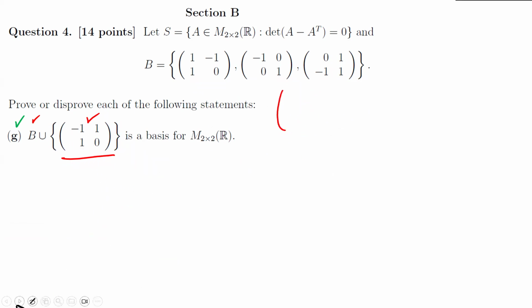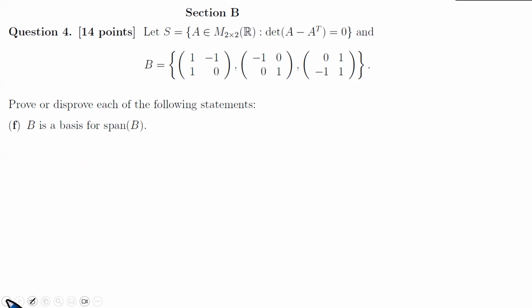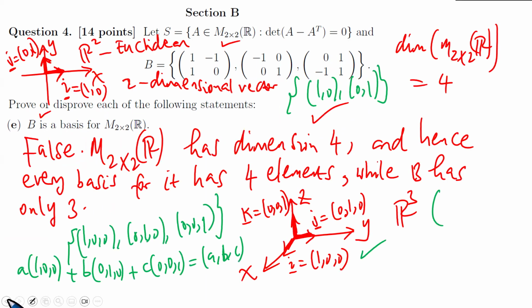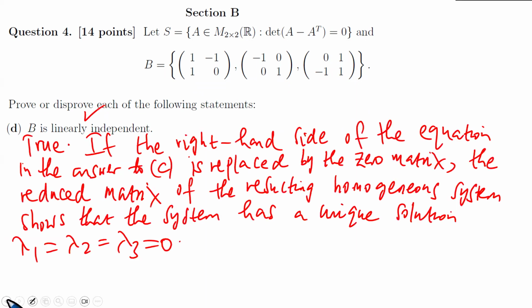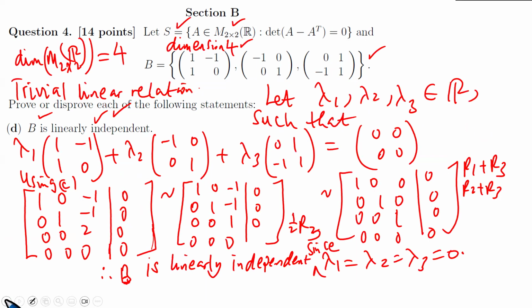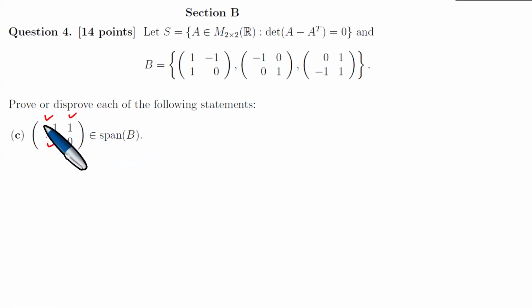Let us check. Yeah, it's the one. Because this element could not work. It didn't work in the span. But now we need to investigate that one. I'm just going back to see that element. This element, which we had to prove, we realized was not in the span: -1, 1, 1, 0.